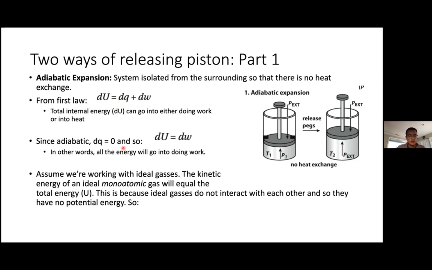And since we're working with ideal gases, the kinetic energy of an ideal monatomic gas will equal the total energy, U. This is because in the case of a monoatomic gas, they're ideal, so there's no interactions between different particles. So the potential energy would be 0, and the entire energy will just be the kinetic energy.